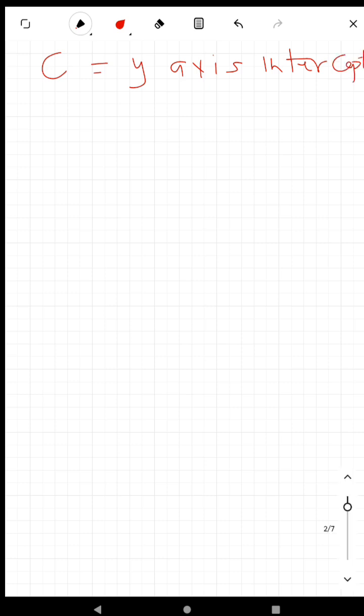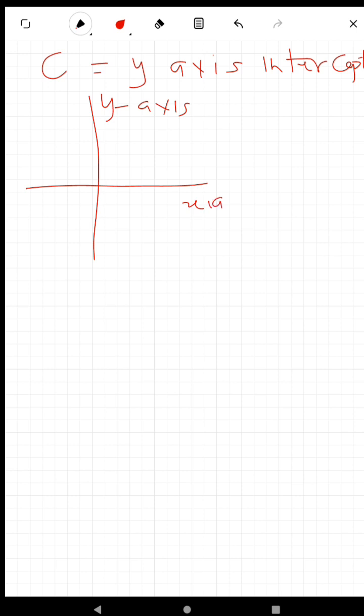So if you have a graph like this, this is the y-axis here, and this is the x-axis.